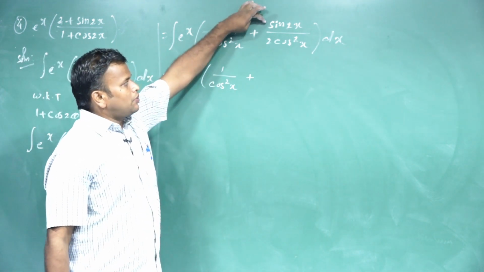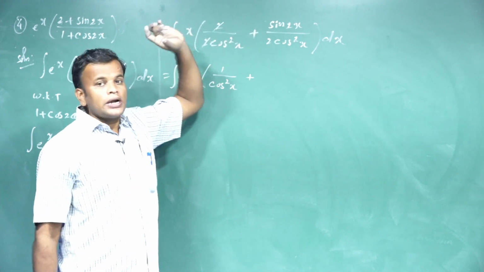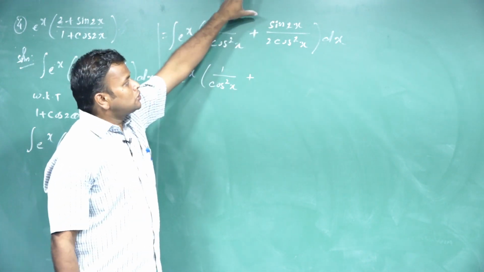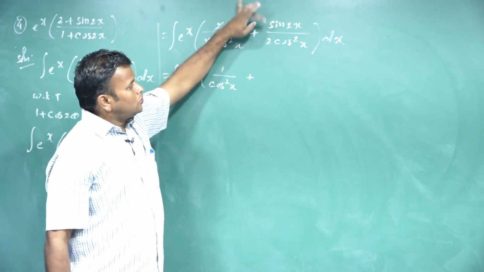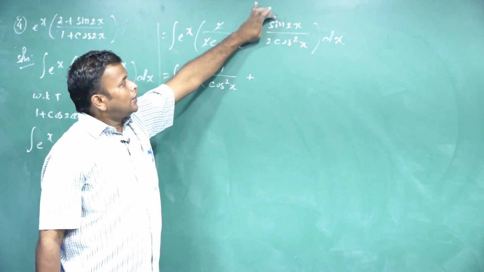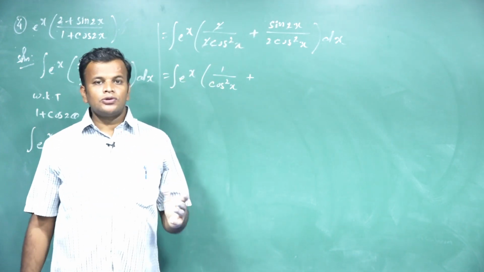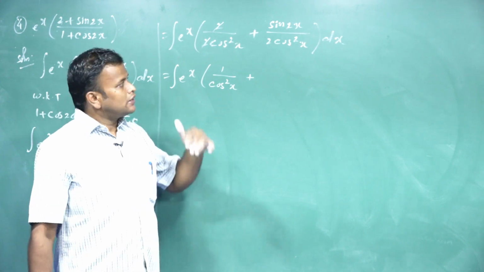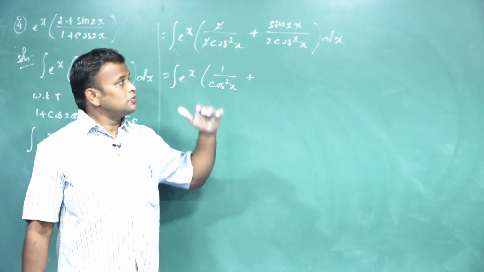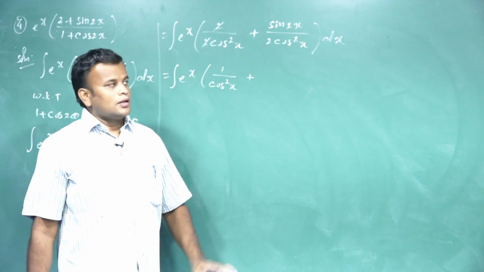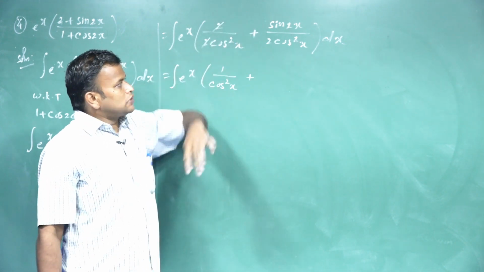Here also, depending upon this 2 term, we use the same trigonometric formula. 2 cos square x is there, and the numerator is sin 2x. Suppose we use any one of the formulas, there is a chance to cancel some sin and cos. Often we use the formula of sin 2 theta.